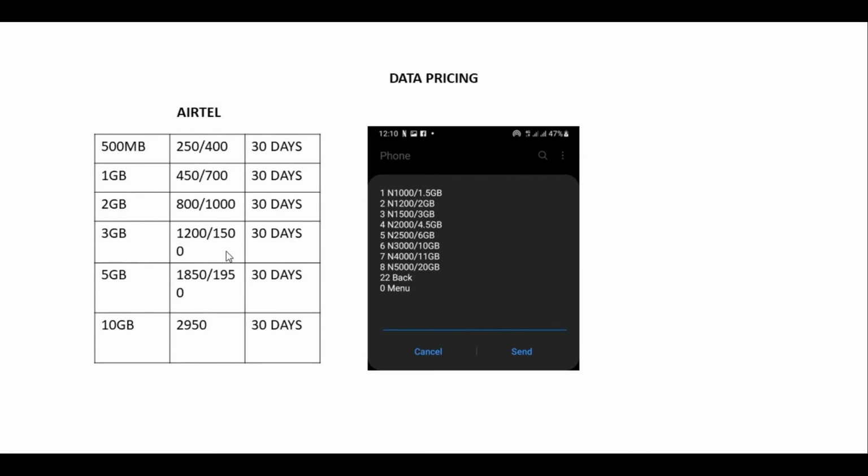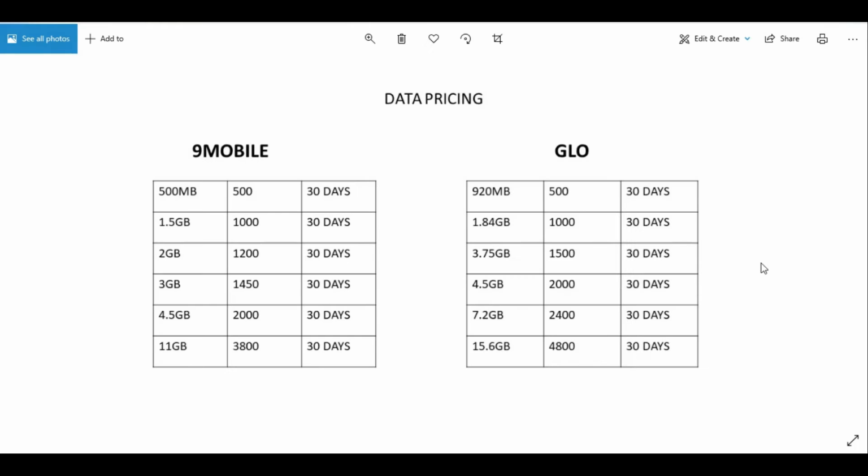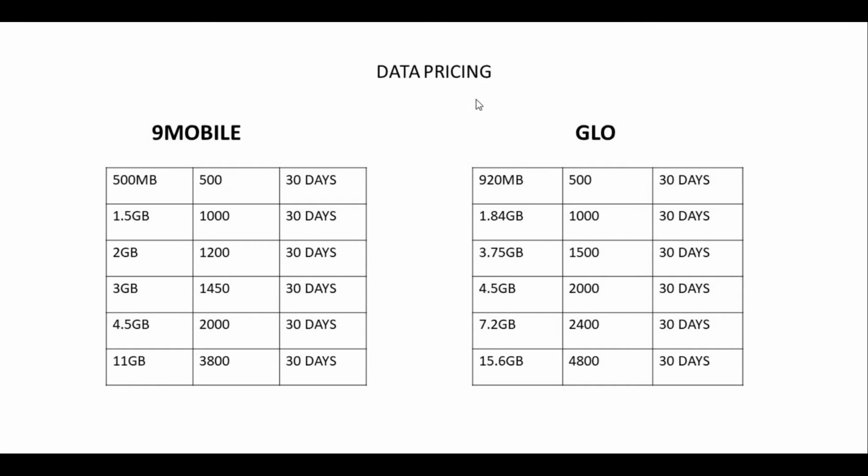Then for 9mobile and Glo, this is the pricing also. So these are the pricing for it. You can see that there is a difference.